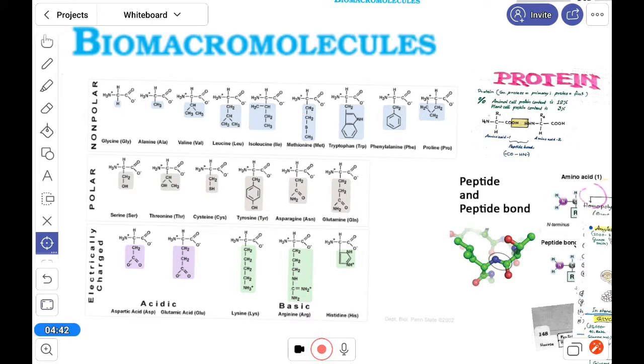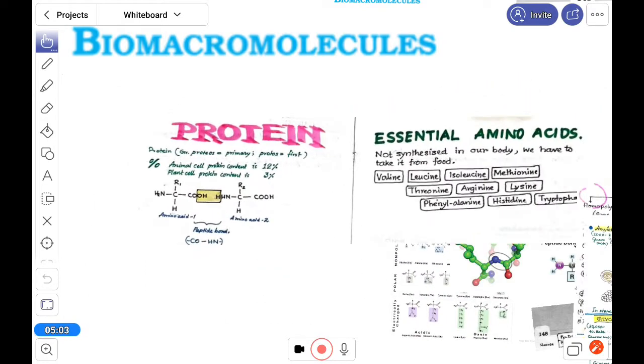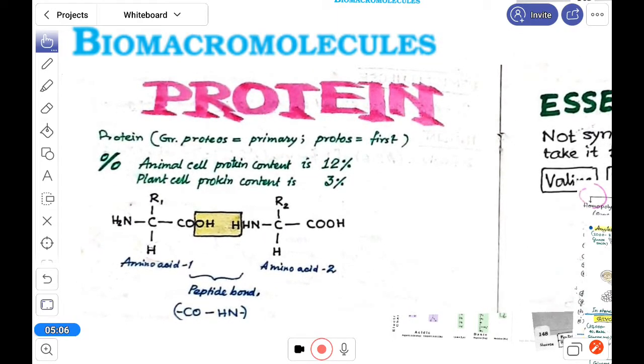Now protein. Amino acids combine into dipeptide, polypeptide, peptone, and ultimately it turns into protein. So let's know a little bit about the bond. So this is one amino acid. You can see the carboxyl group and this amino group, this is amino acid 1, and here amino acid 2, written in that way, with another amino group.